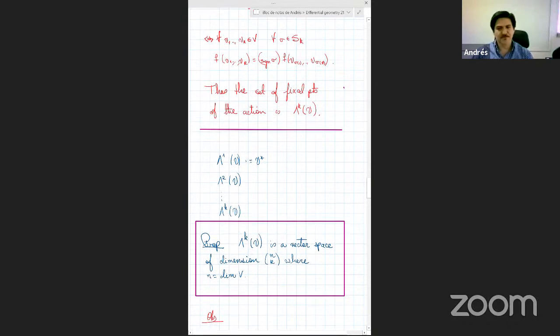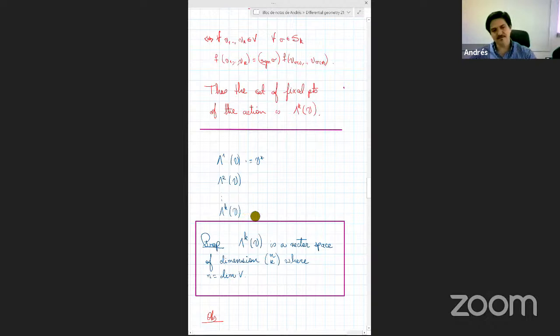So you can see if k is n, this is a vector space of dimension 1, and this doesn't make sense when k is greater than n. In that case, this vector space is only the zero vector. There's nothing there. So this sequence ends when you reach the dimension of the vector space.